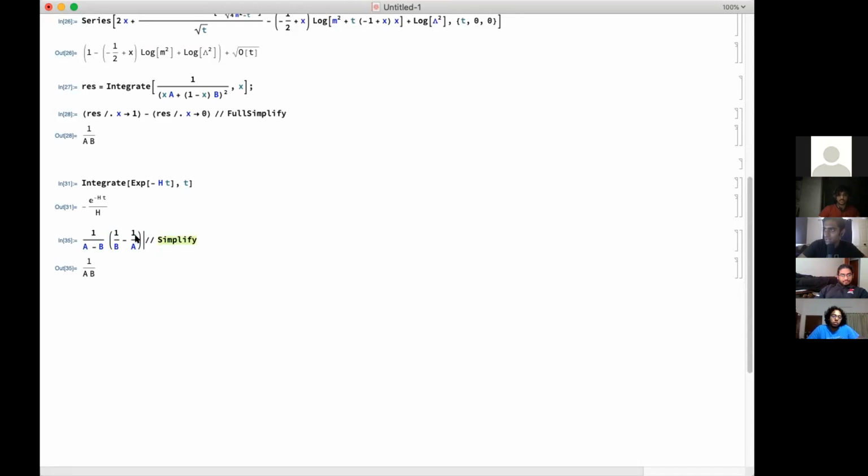So then let me take this bizarre combination and then do a substitution. So what I want to do is take u equals z minus B.